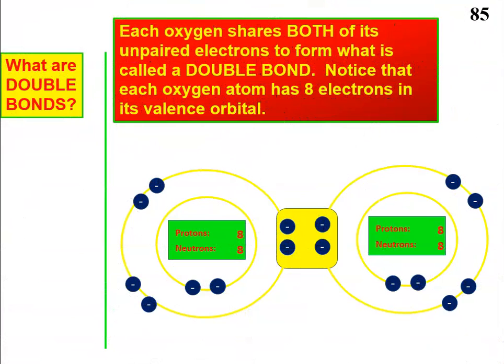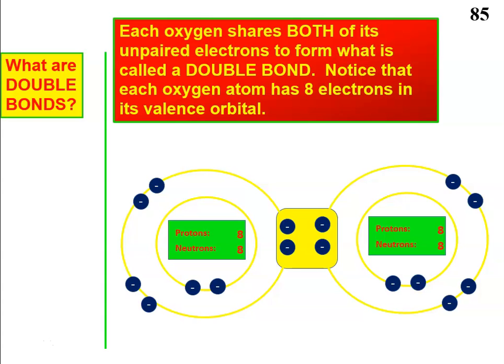Well, let's see. Each oxygen shares both of its unpaired electrons to form what's called a double bond. That's the double bond in that yellow area there. Notice that each oxygen has 8 electrons in its valence orbital. If you count the 4 electrons in that yellow area, the oxygen on the left counts those 4 plus the 4 others outside of that in the second orbital, for a total of 8.